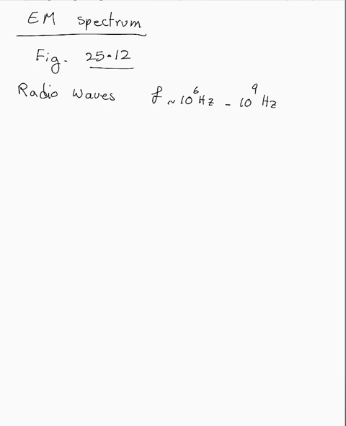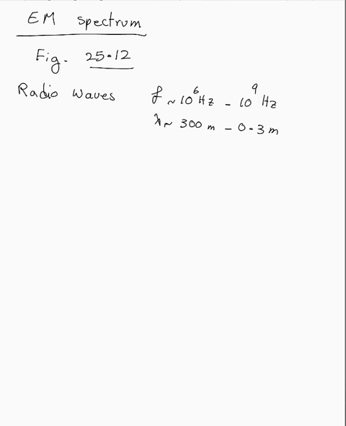Using the equation that you have, you can instantly find the wavelength to be between 300 meters and 0.3 meters. So this is a very long wavelength. This is very important because radio and television waves are in this range of frequency.